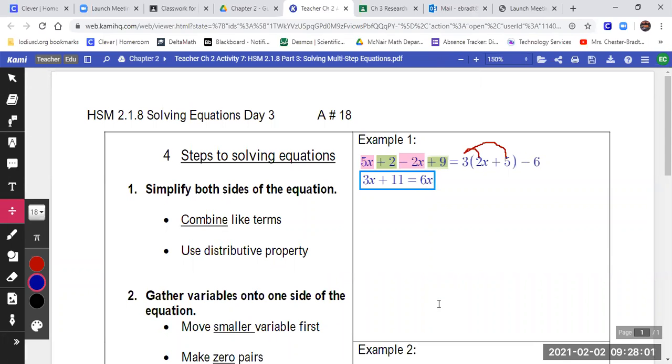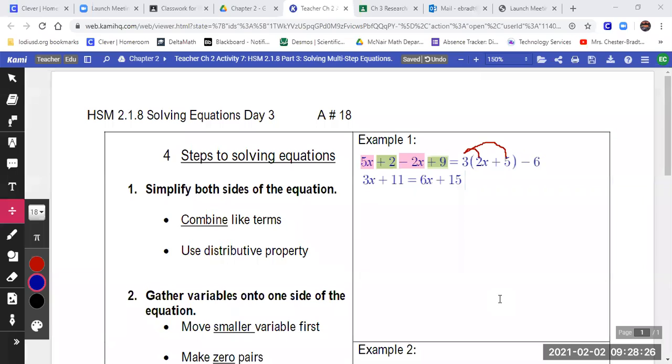And then I have a 3 times a positive 5, so I'm getting a positive, right? Positive what? Someone else other than Lily. 15. Okay.